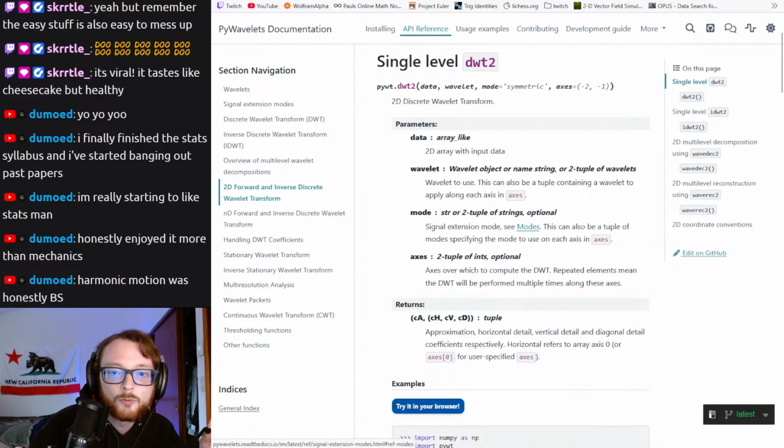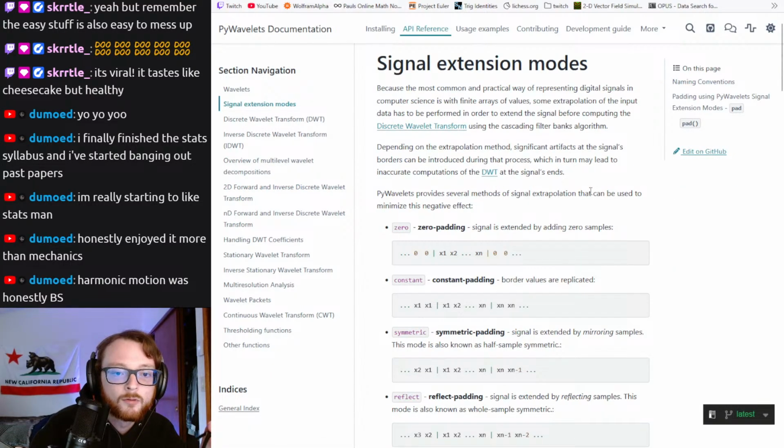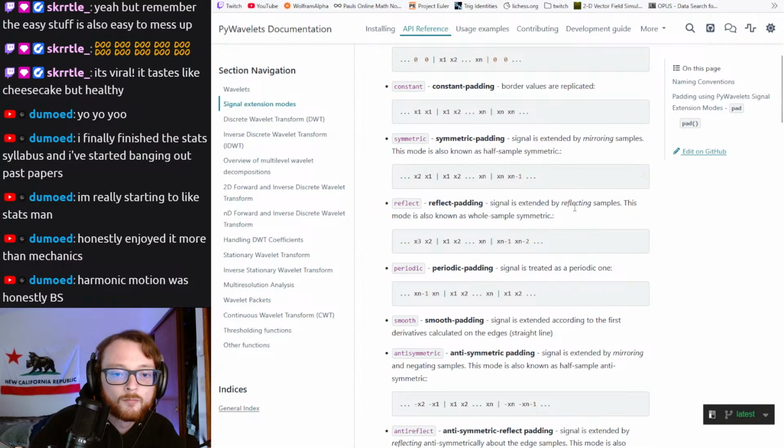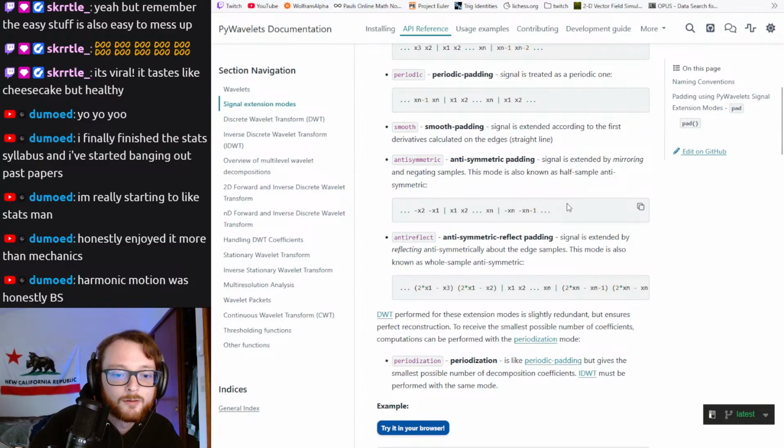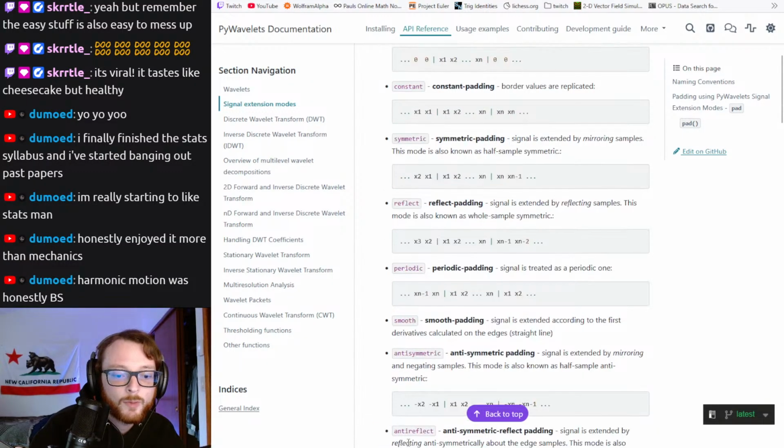Maybe I just want mode. I don't think this is it. Do we have an example of this?